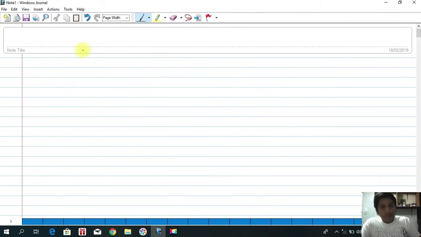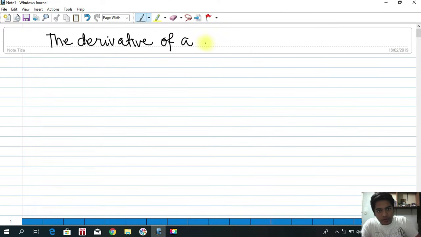Hi! So for today, we're going to continue our discussion all about the rules of differentiation. So let's start again with the derivative, this time with the derivative of a reciprocal.